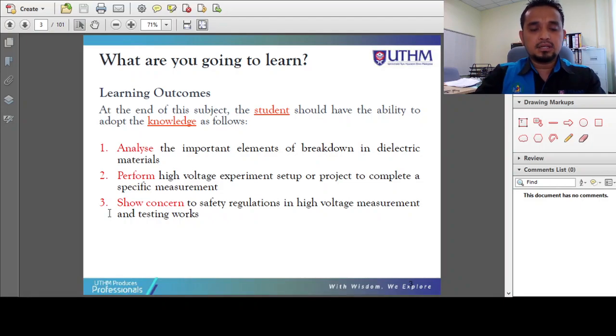The most important for the cognitive part is the first one, for all students to be able to identify and analyze the important elements of breakdown in dielectric materials.